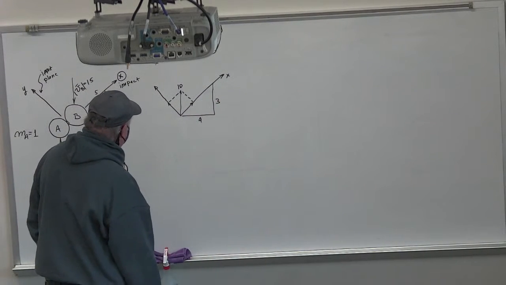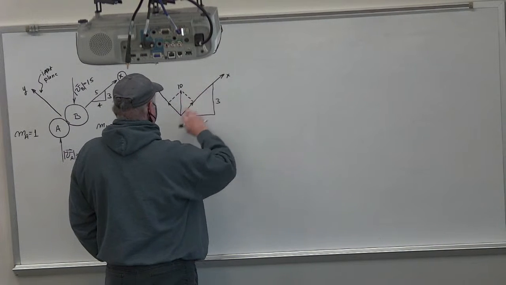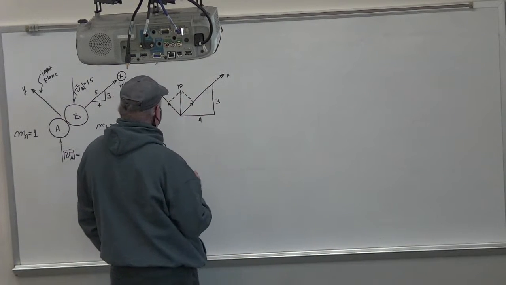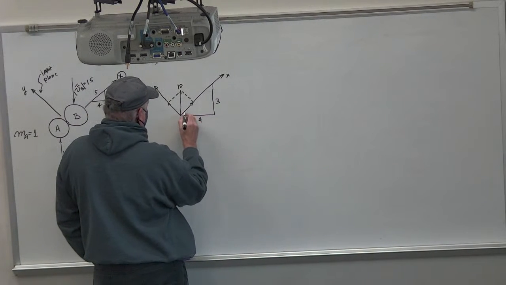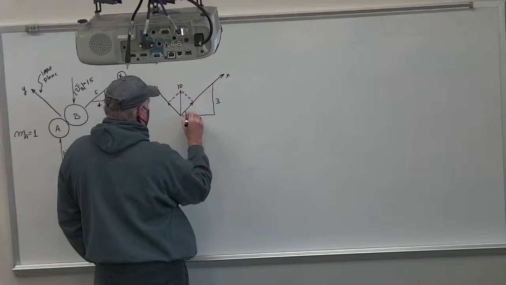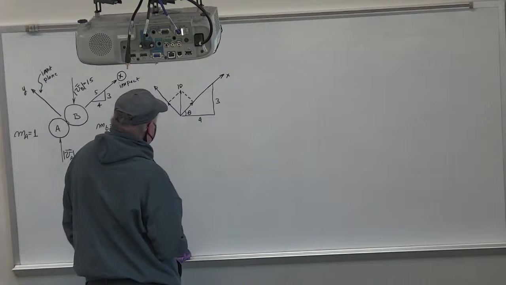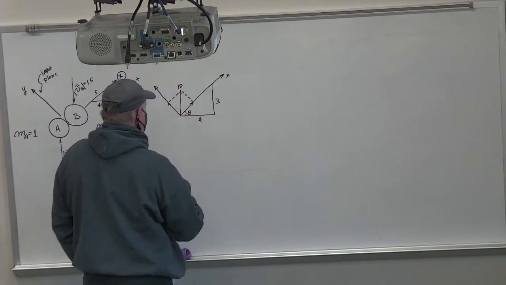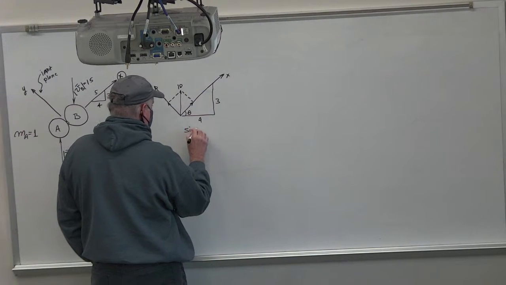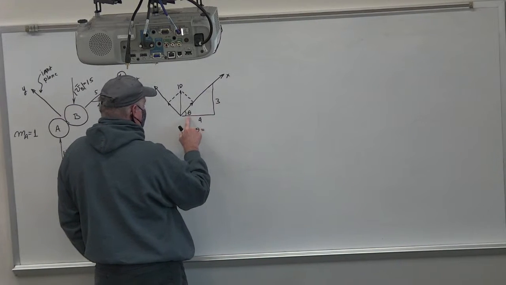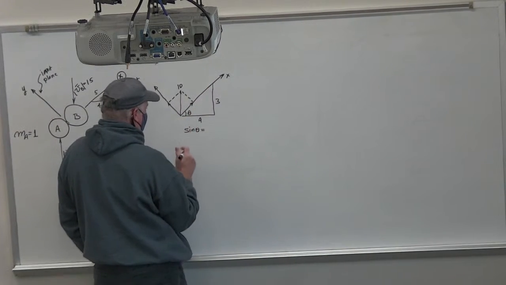So now, how do I get this vector onto a component here and a component there? A couple of ways. Let's look at it like this. I'll call this theta. Now, if this is theta, I'm going to list a couple things. If this is 4 and this is 3, this distance from here to here is 5.